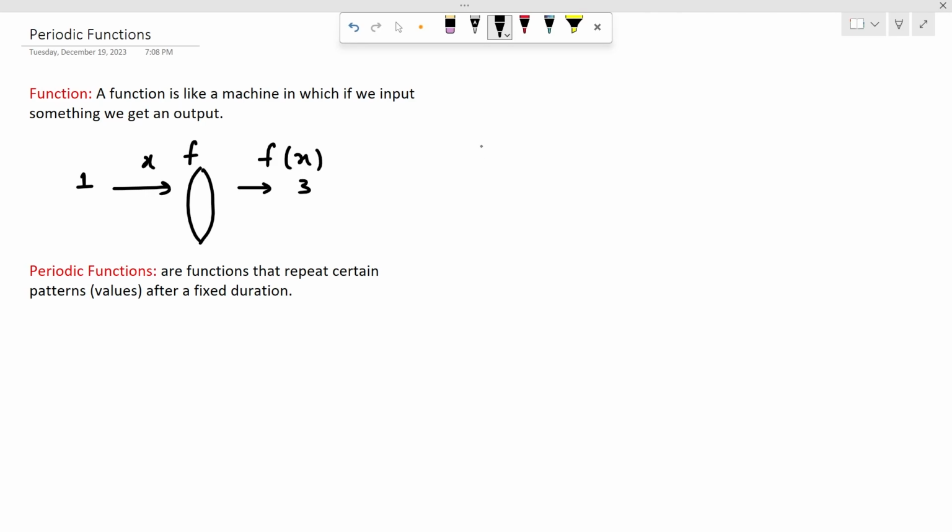So what's my function? My function is basically taking the input x and adding 2 to it. So if I input a 2 here, it will output 4. And if I input a 3 in it, it will output a 5.